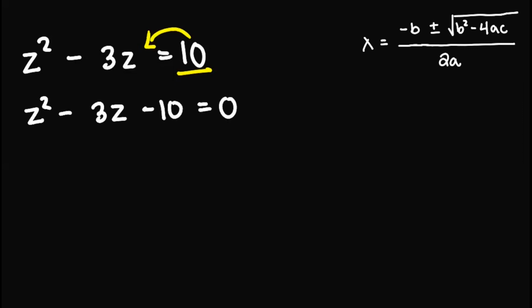And now let's determine the coefficients. So we have 1 here for a, -3 here for b, again, don't forget the negative, and -10 here for c.